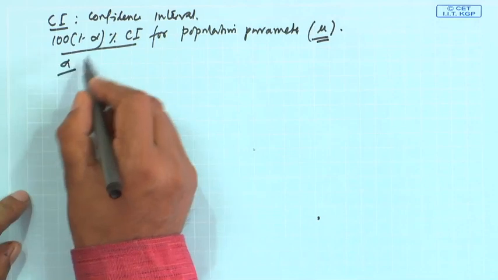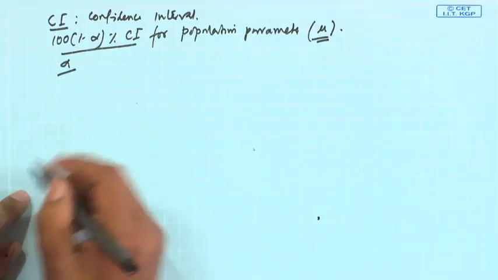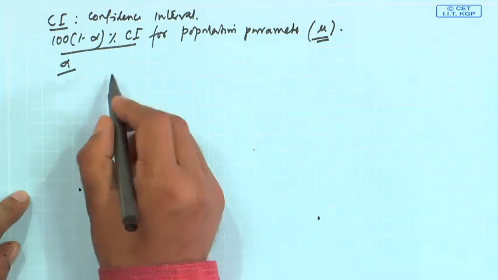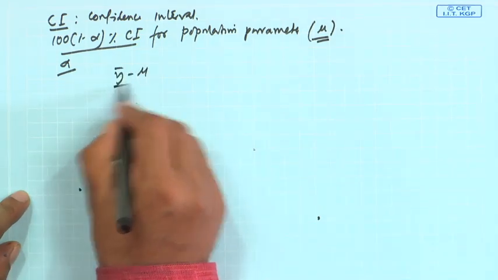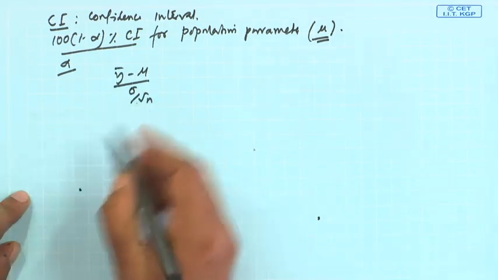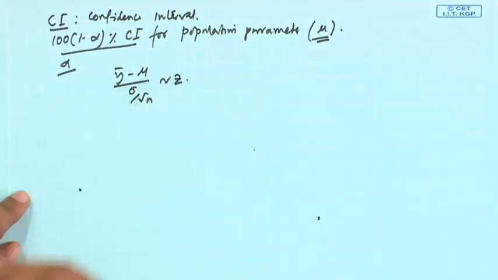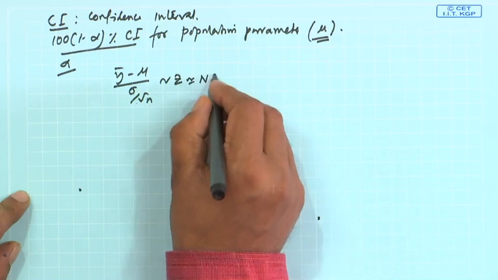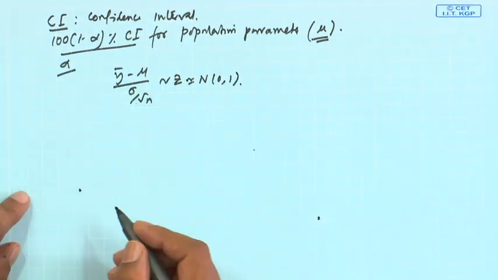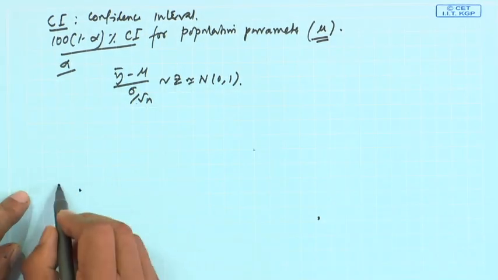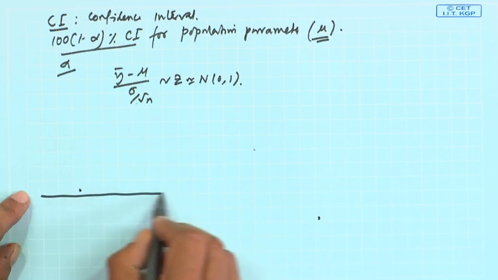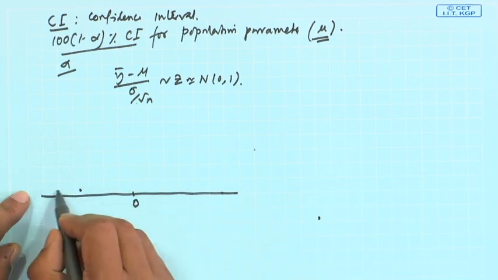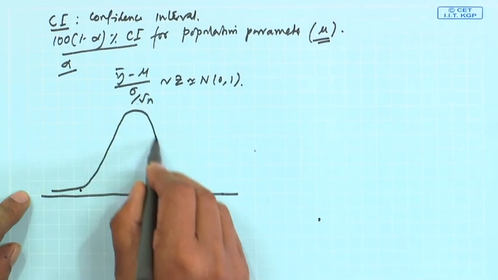Okay. So, few things. Then what is alpha here? I told you that y bar minus mu by sigma by root n is a statistic that follows the Z distribution. Z is nothing but the unit normal, 0 1. So, assume that this is your 0, then your normal distribution is something like this.